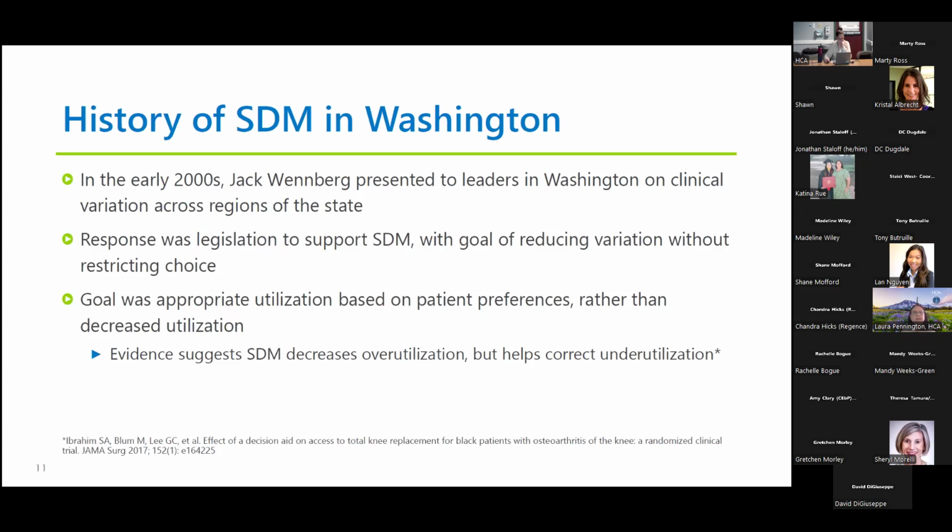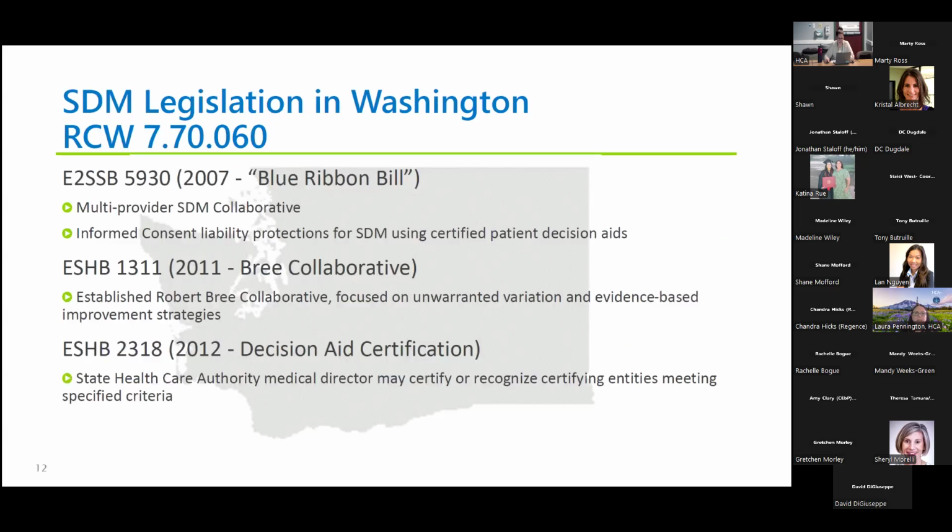So what it did, it leveled out that variation in care. And I know there's been work done by the Washington Health Alliance to also look at that variation in care over the years. So next slide, please.